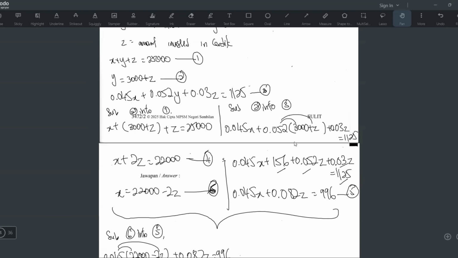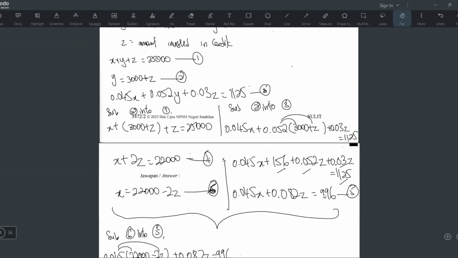Then 3,000. 0.052 times 3,000, 156. Okay, this is correct. This is correct. X. Okay. Plus 0.03. 0.082. 1125 minus 1. Okay, I know where.